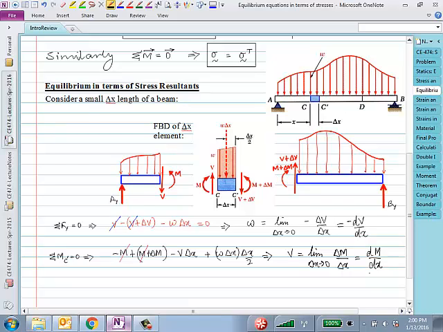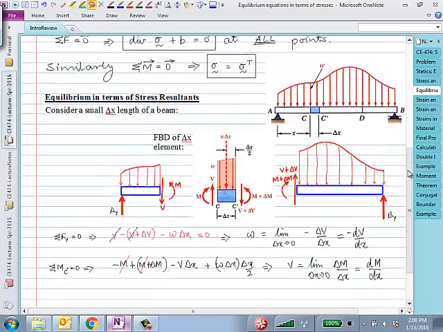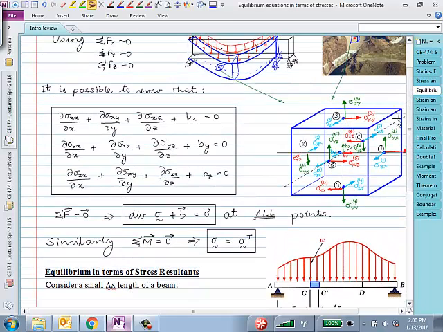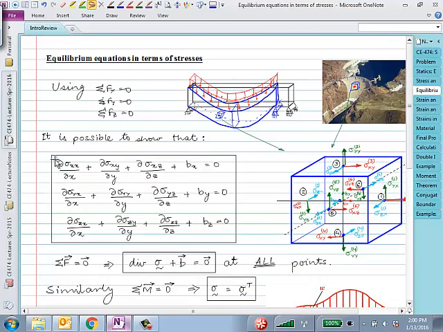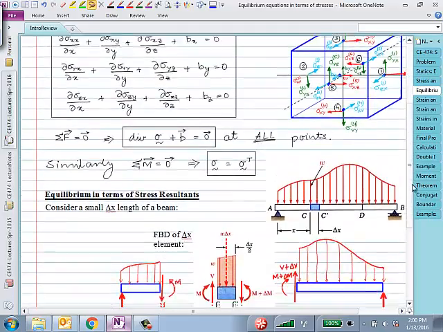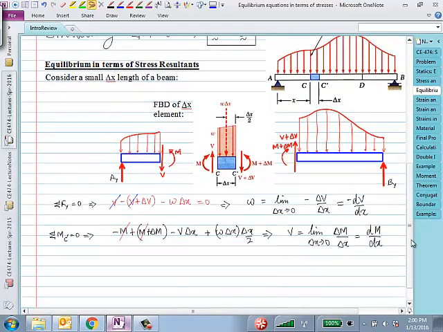Where did they come from? They came from very basic concepts like sum of forces in the y direction and sum of moments are zero. Where do these come from? They come from equations for deformable objects that look like these complicated differential equations. But once again, we are not going to get into these complicated differential equations. We do need to be aware of where these equations are coming from.